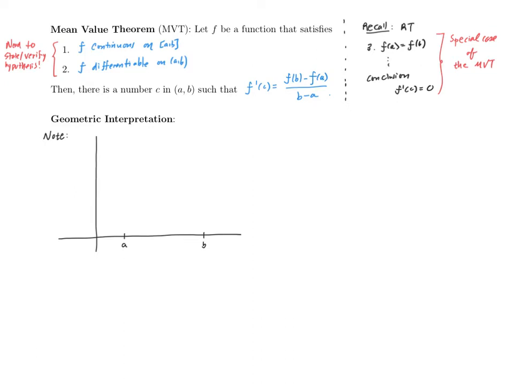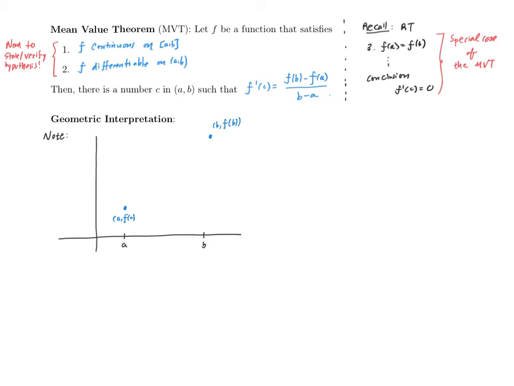Let's now explore what the mean value theorem is telling us from a graphical, or geometric, perspective. We have a function which is continuous and differentiable, and I'm going to indicate points corresponding to a and b: the point (a, f of a) and the point (b, f of b).